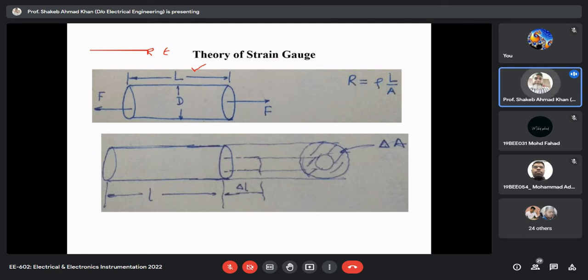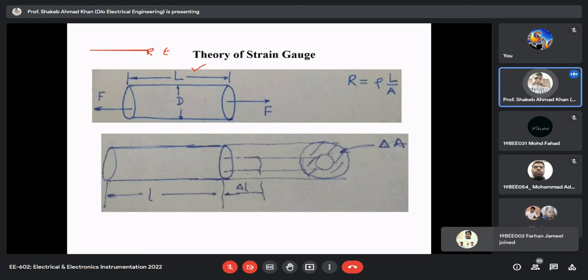Actually this change will be very small, and with the naked eye you won't be able to identify it. Like flyovers, all of you must have seen. Now obviously when vehicles and traffic go upon it, it gets strained, and strain means there is a deformation in the structure, but the structure is so massive that it is very difficult to identify it by your eyes.